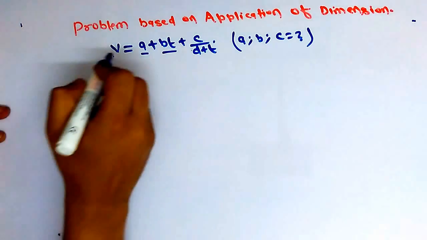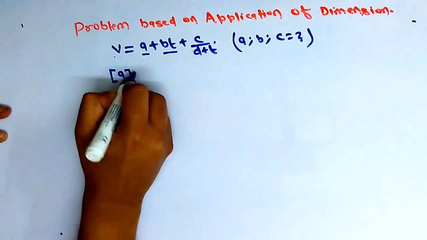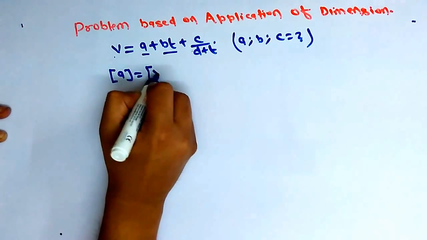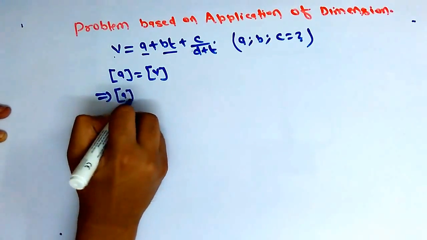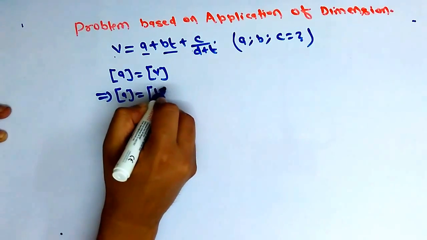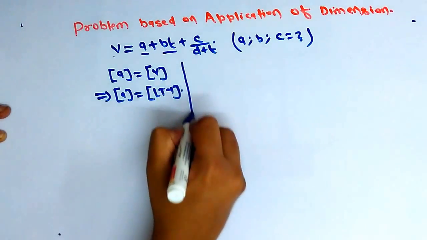So how will we proceed? The dimension of a will be the dimension of velocity, so I can write the dimension of a as L T minus 1. This is one part.